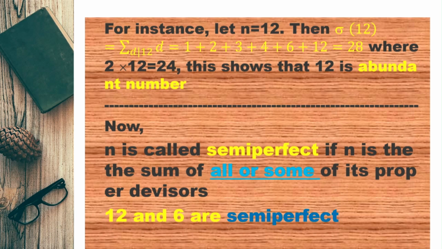Now, n is called semi-perfect if the sum of some of its proper divisors equals n. For instance, for the number 12, 6 plus 2 plus 4 is 12, so 12 is semi-perfect.